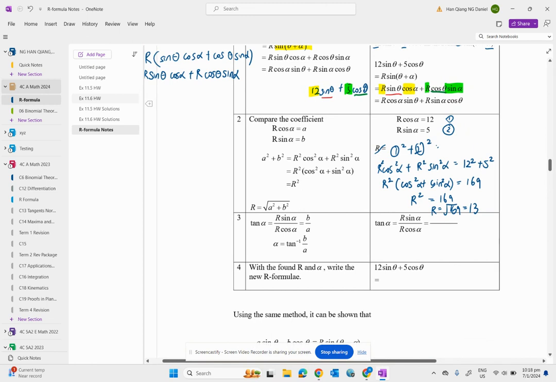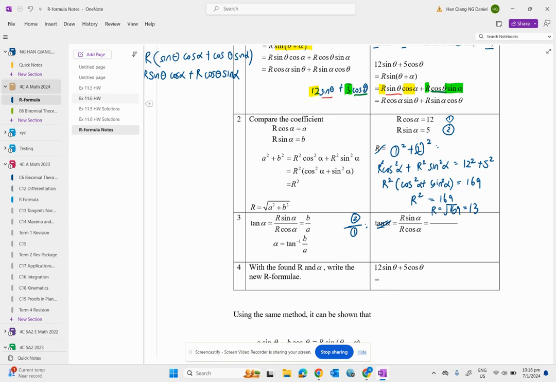So the next step, we have already found r. Next step, we have to find alpha. So I write equation 2 divided by equation 1. On the left, r sine alpha over r cos alpha.